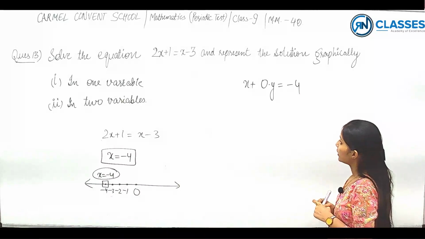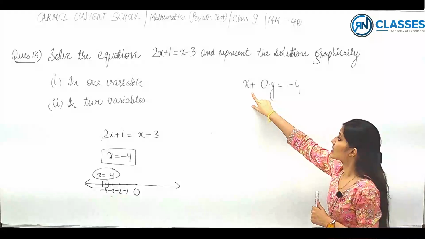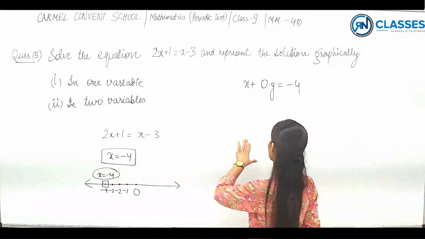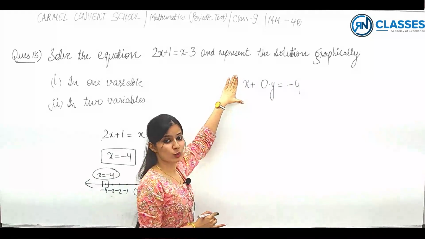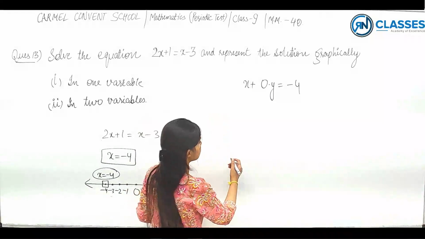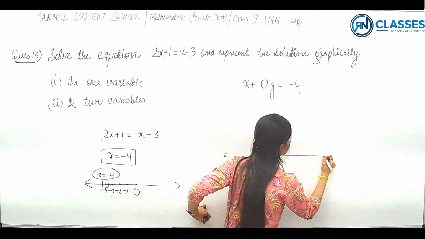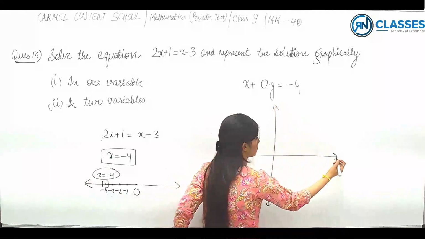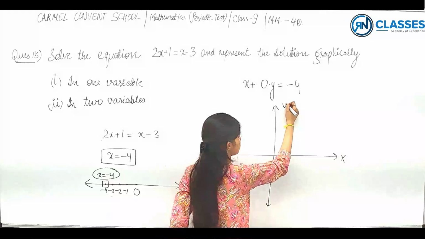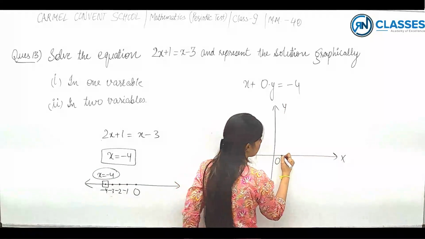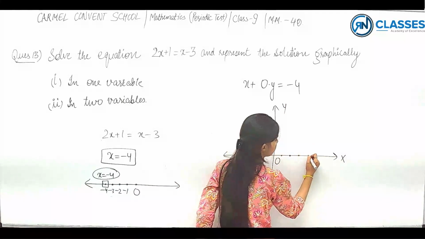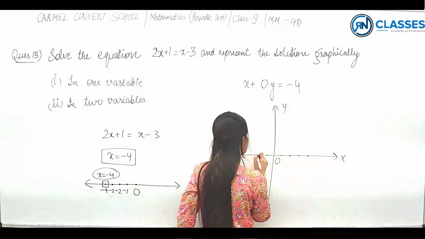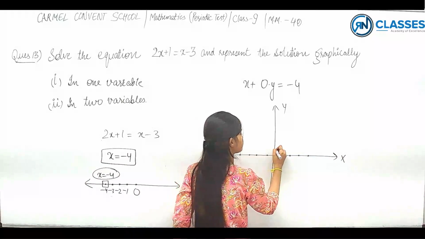Here it is a linear equation in two variables, x and y. Now in order to represent this, we need a Cartesian plane. So let's draw the Cartesian plane. This is the Cartesian plane, this is the x-axis and this is the y-axis, this is the origin. 1, 2, 3, 4, minus 1, minus 2, minus 3, minus 4.